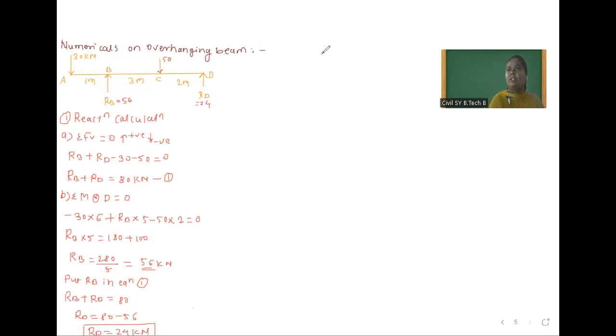Now we will move towards the next step, that is shear force calculation. So the second step is shear force calculation. Now you tell me, shear force at A equals how much? 0.